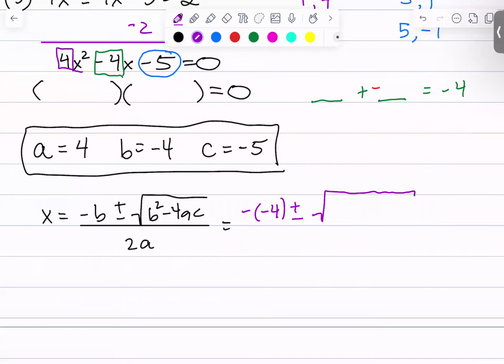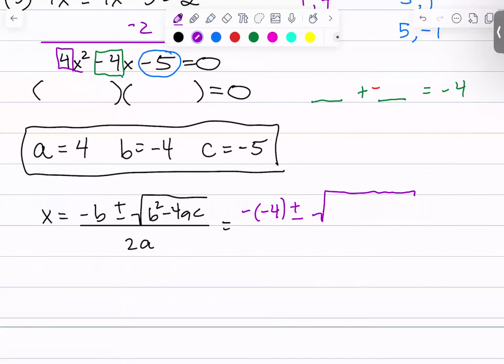of b squared. So that's negative 4 squared minus 4 times 4 times negative 5 all over 2 times 4.